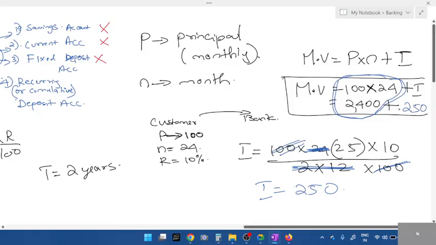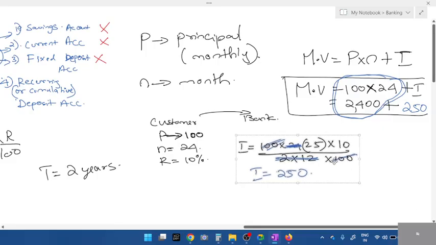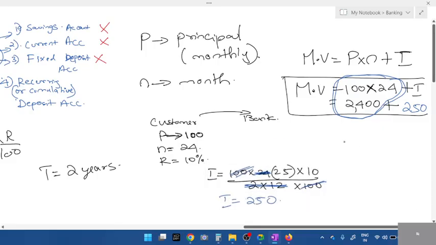And why are they paying interest? Because they made use of our amount, students. Every month we deposited, so they made use of our cash. At last, they'll give you 2400 plus 250, 2650. And without doing anything, we didn't work hard to earn that 250. Okay, this is the concept of banking. Is this clear? Have all of you understood what banking is?